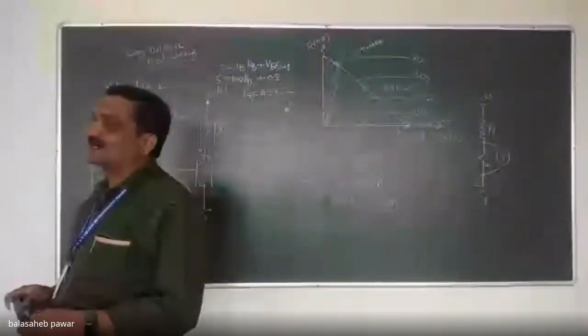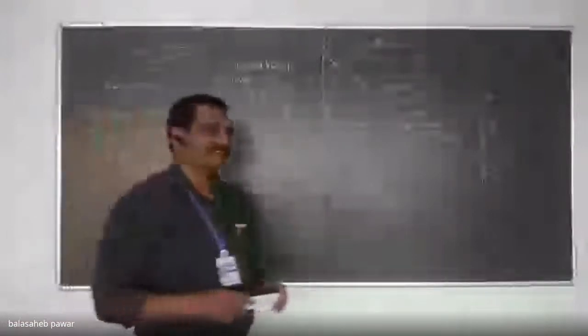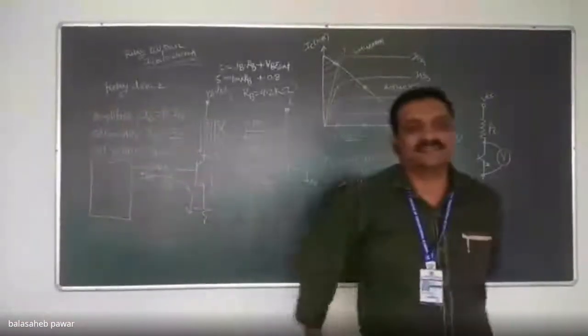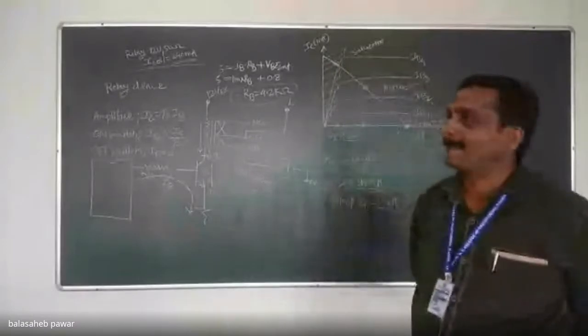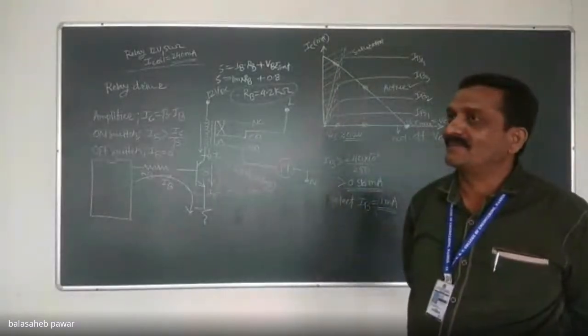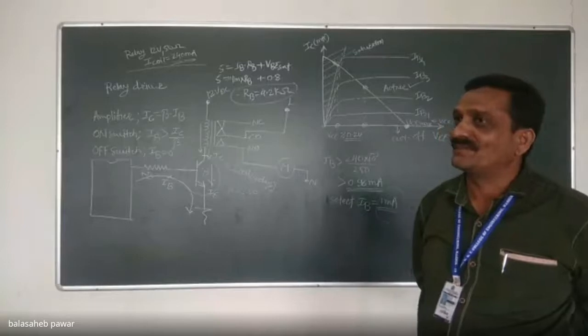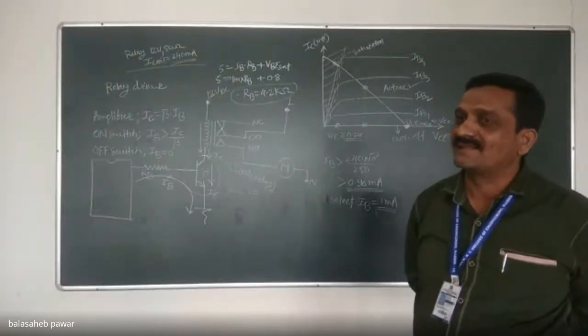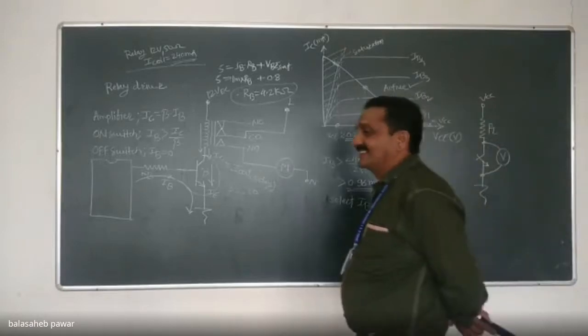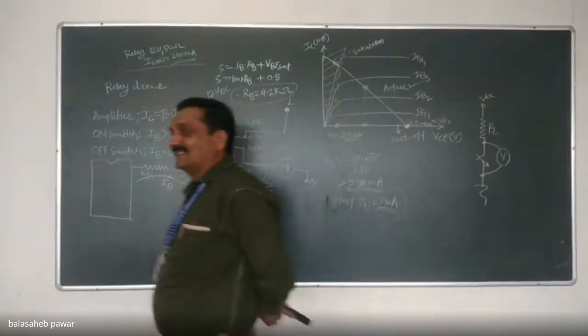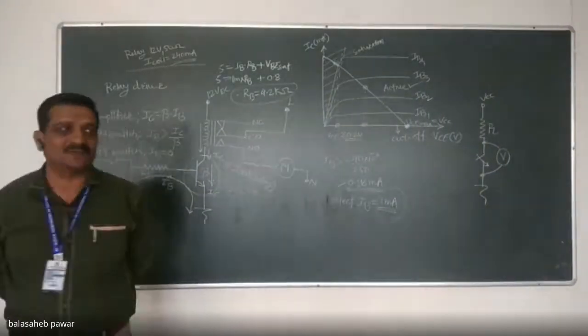For 4.2, the color code will be... No one? What is the sequence of that color code?